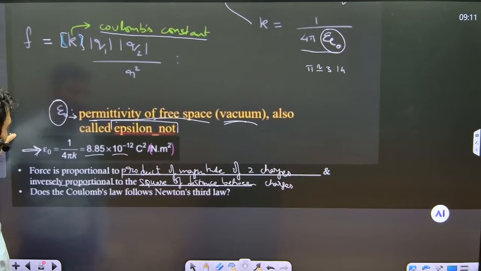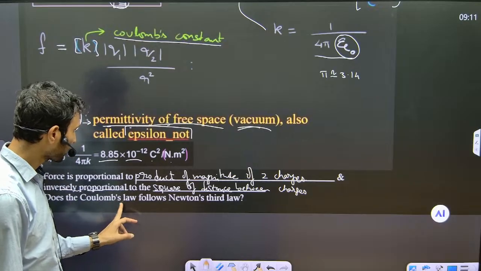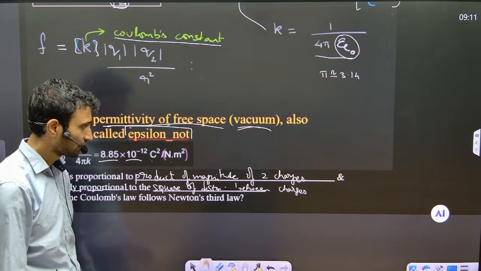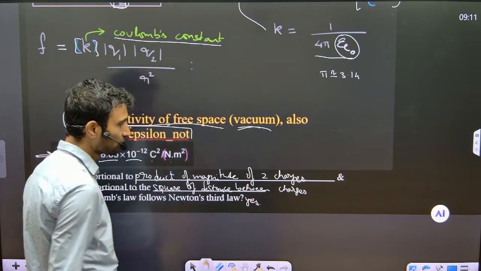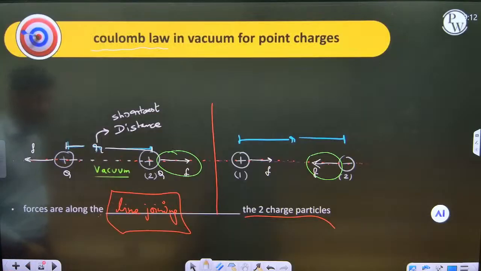And then we have an extra point here which says, does Coulomb's law follow Newton's third law? The answer is yes. Coulomb's law also follows Newton's third law. So what do we mean by Newton's third law here?